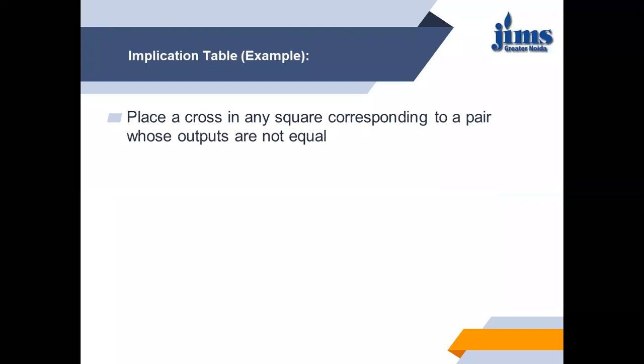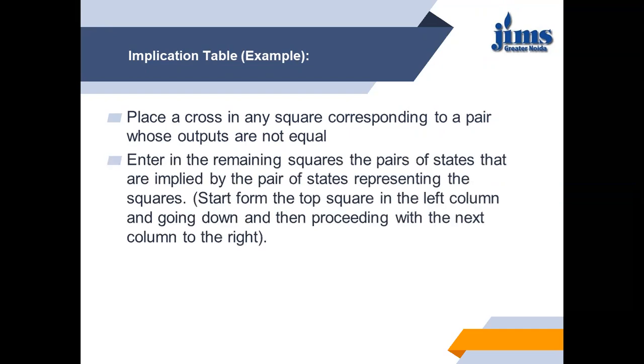Now the process is: place a cross in any square corresponding to a pair whose outputs are not equal. So first of all, we look at whether the outputs are equal. Enter in the remaining squares the pairs of states that are implied by the pair of states representing the square.